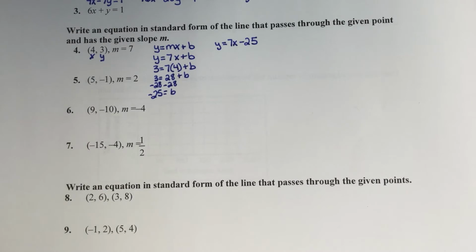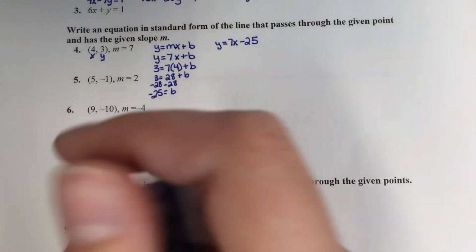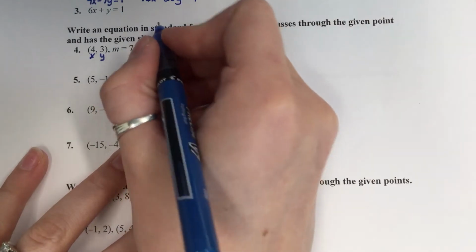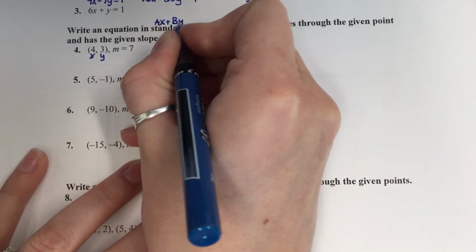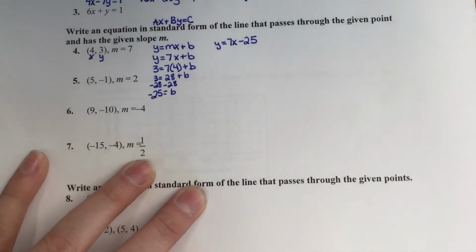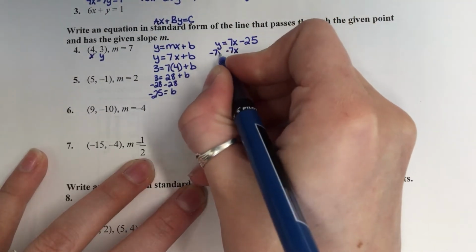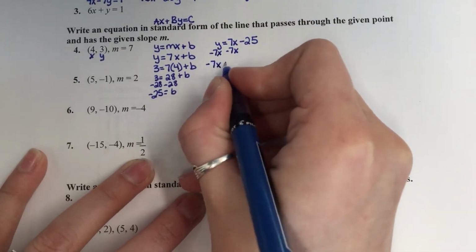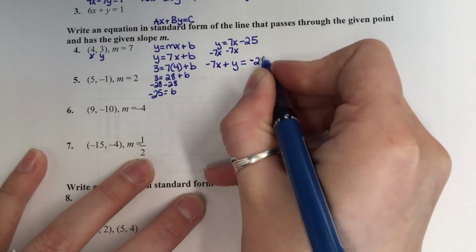Now I want to move the 7x to the other side so that it can be standard form, which is ax plus by equals c. So I'm going to subtract 7x: negative 7x plus y equals negative 25.